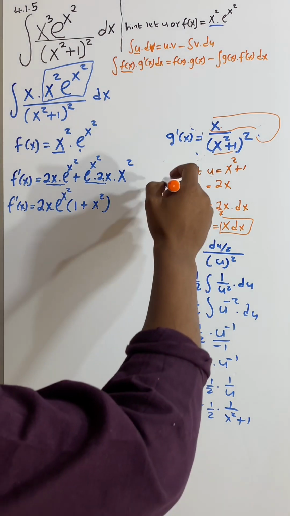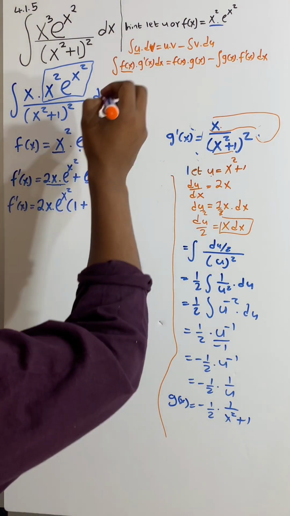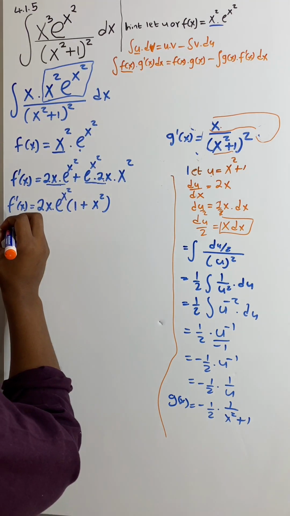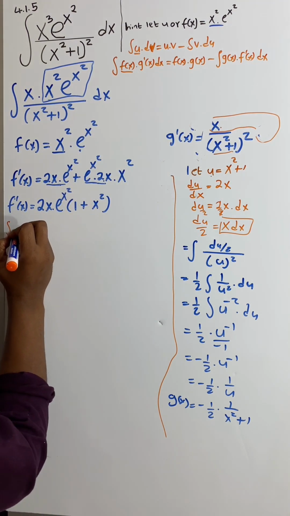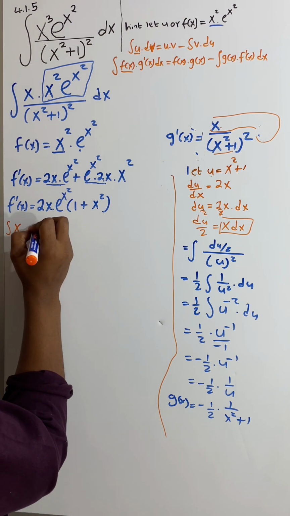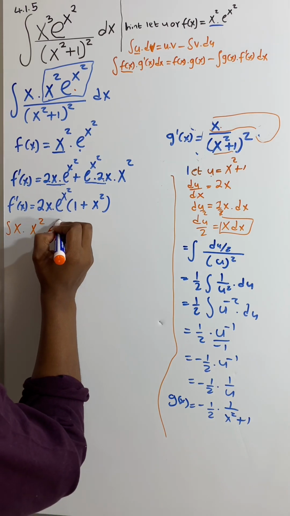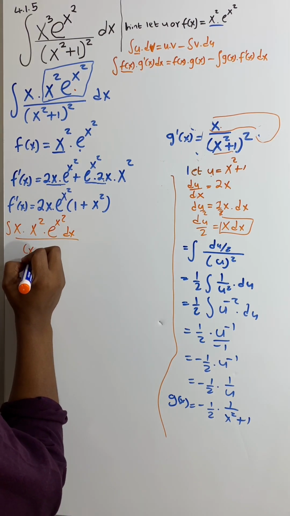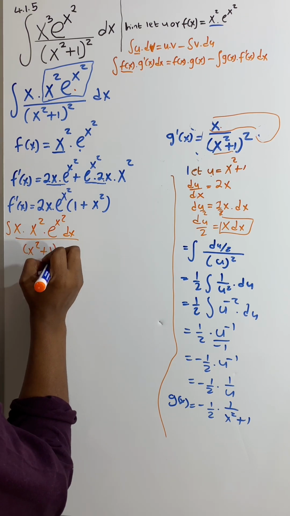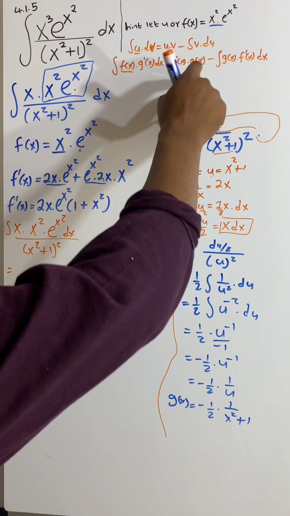So we are still integrating by parts. So from that formula, we'll have the integral of x multiplied by x squared multiplied by e to the power x squared dx. We'll have this as equal to f of x multiplied by g of x.